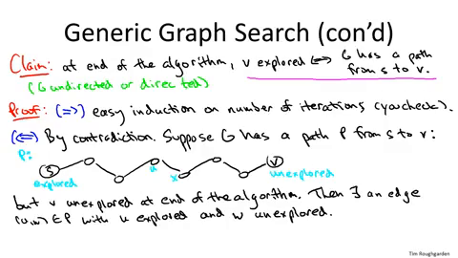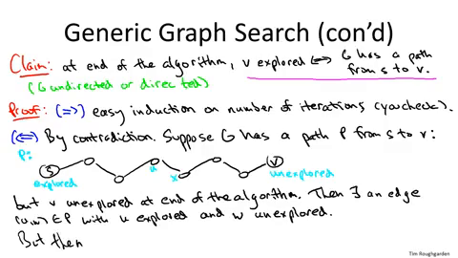As long as there's such an edge, it's going to suck that unexplored vertex into the conquered territory. It's going to keep going. So the upshot is there's no way that our algorithm terminated with this picture, with there being an edge UW, U explored, W unexplored. So that's the contradiction. This contradicts the fact that our algorithm terminated with V unexplored.